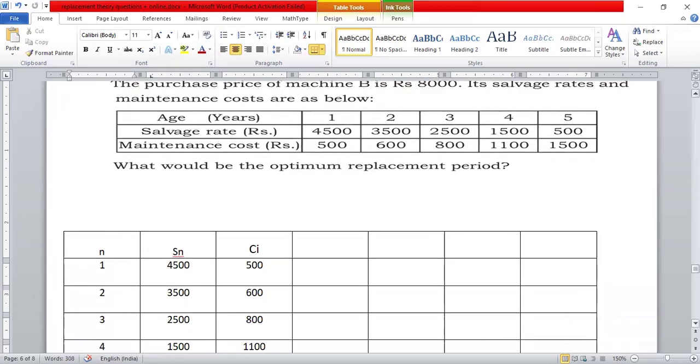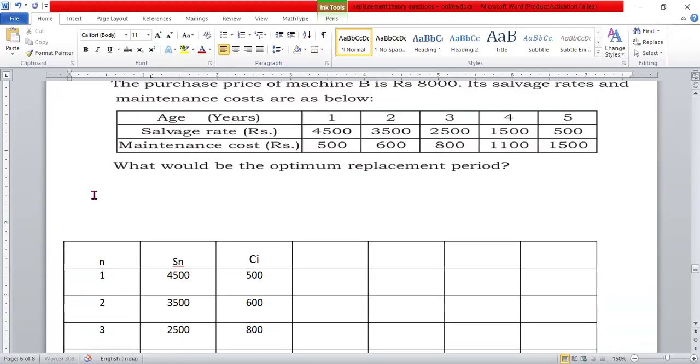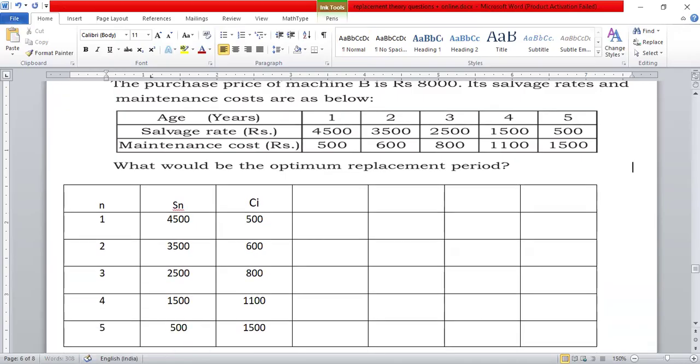Okay. So this is question number 3. What is question number 3 now? The purchase price of machine B, that is P, is given: 8,000.